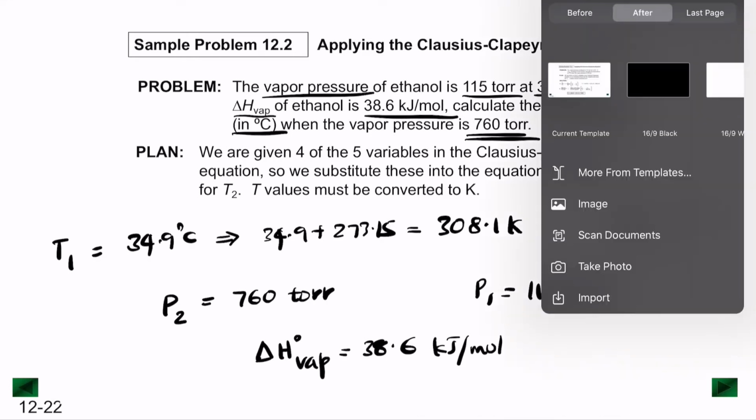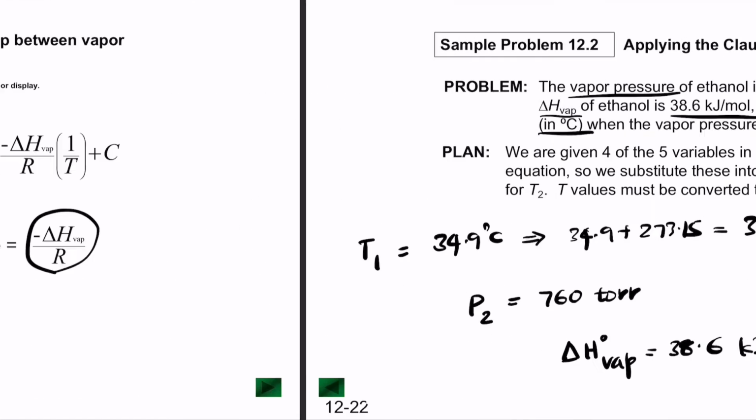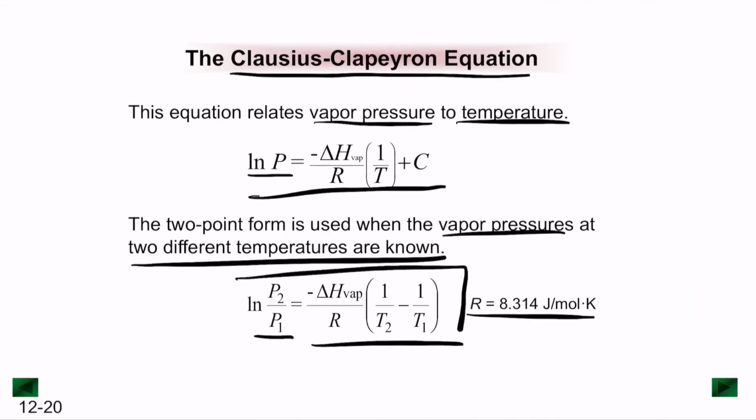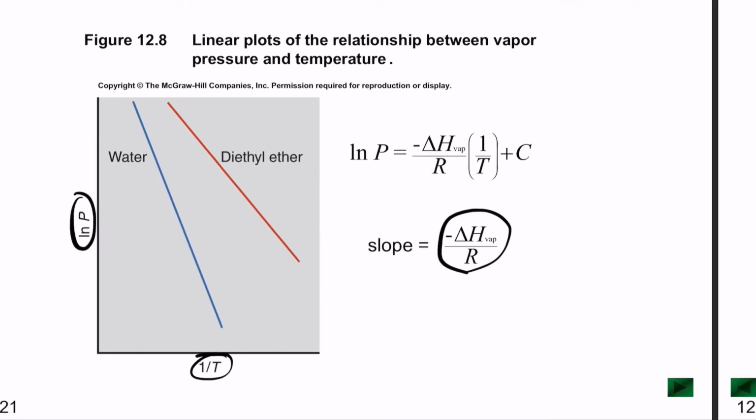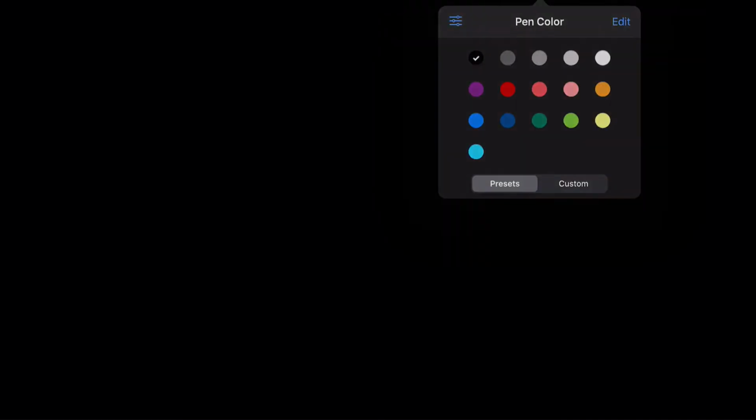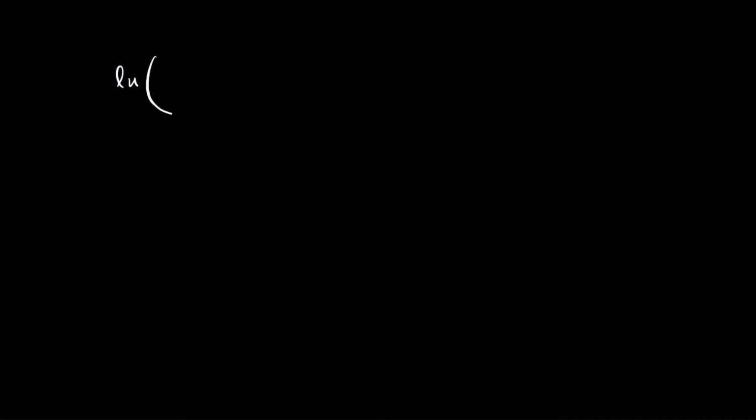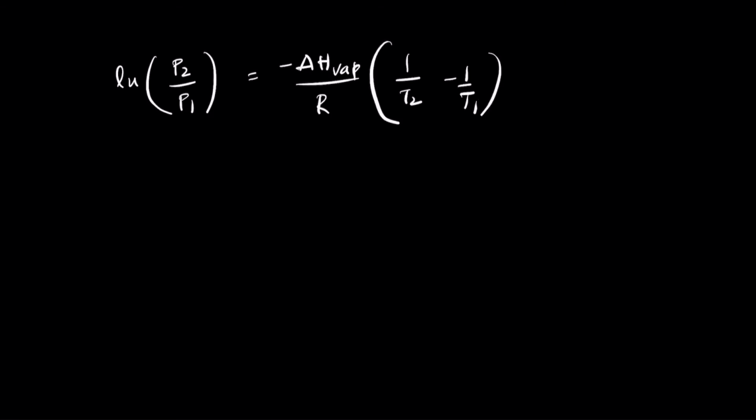So use the Clausius-Clapeyron equation. We have the Clausius-Clapeyron equation for two temperatures, which is ln P2 by P1 equals minus delta H of vaporization by R times 1 by T2 minus 1 by T1.